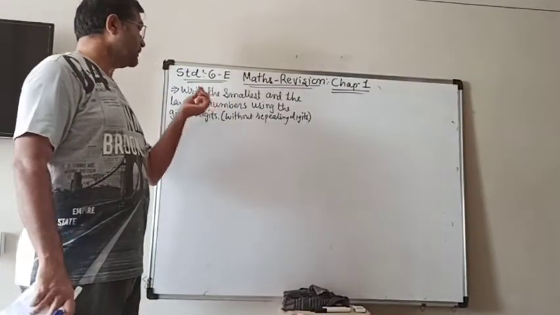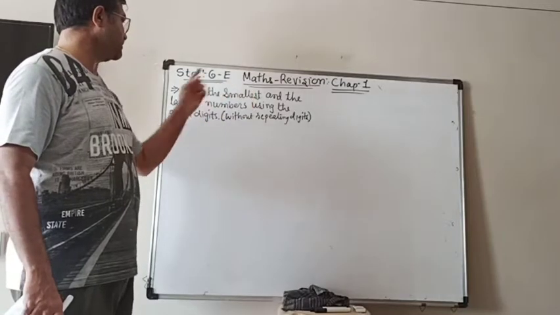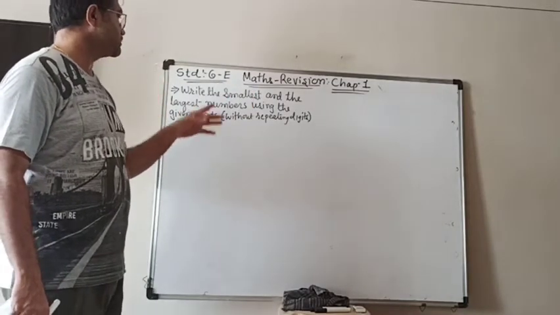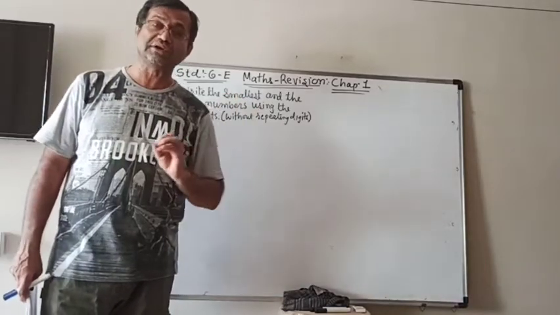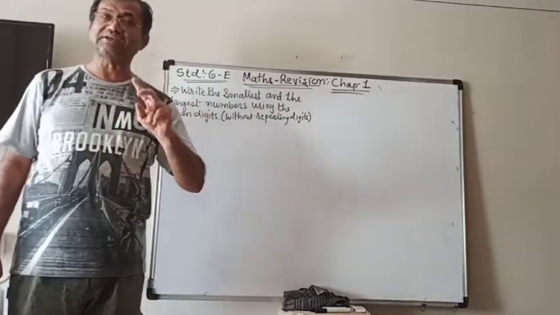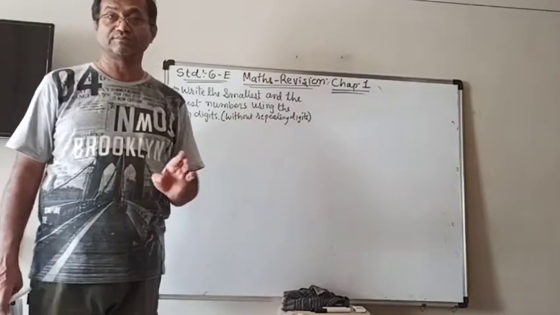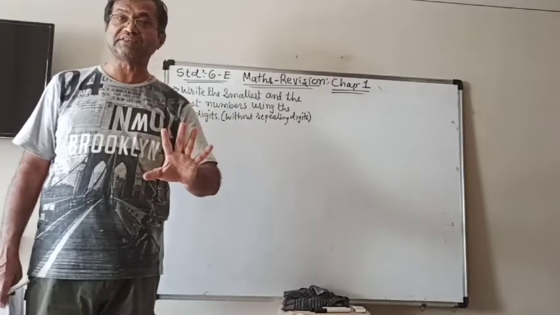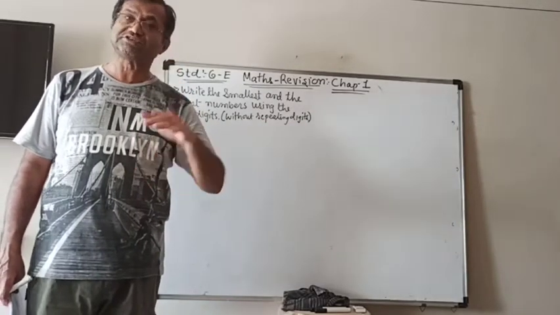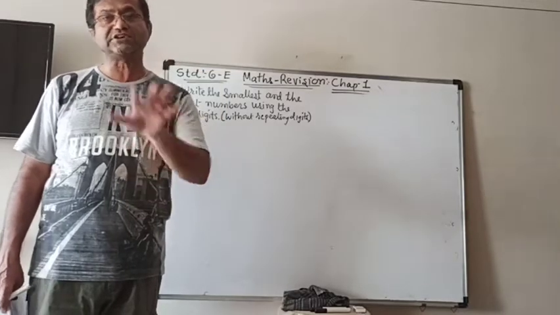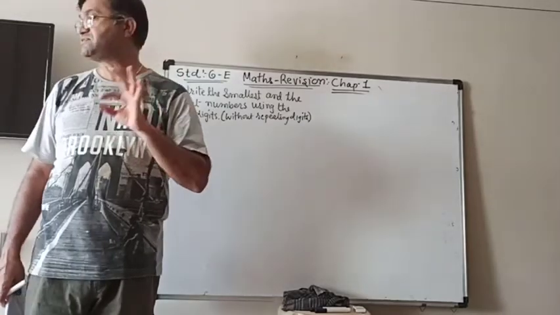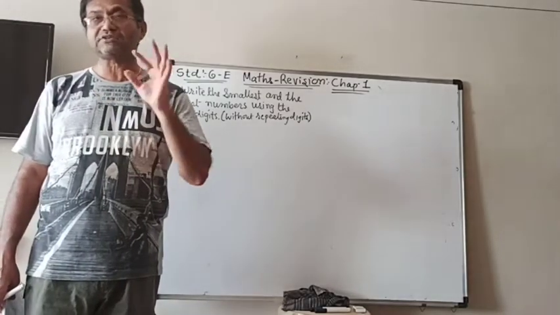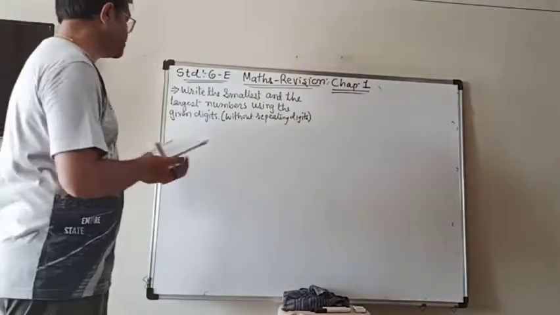Now write the smallest and the largest number using the given digits. Means some digits will be given. Using those digits and without repeating. Means if 5 digits are there, you have to make a 5 digit smallest number and 5 digit largest number. If there are 6 digits, you have to make 6 digit smallest and largest numbers.